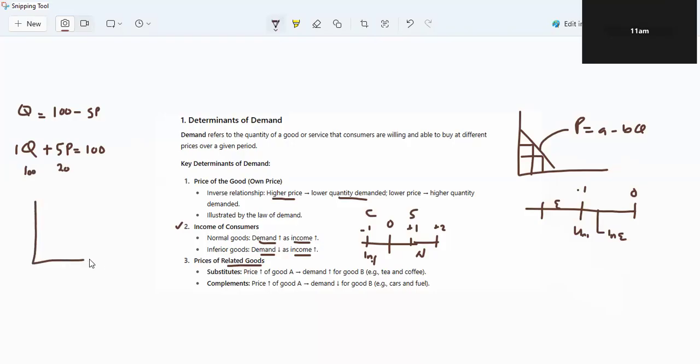So with that, it will cut the Q at 100, and the P will be at 20. So here we have P, and here we have Q. This is 0.